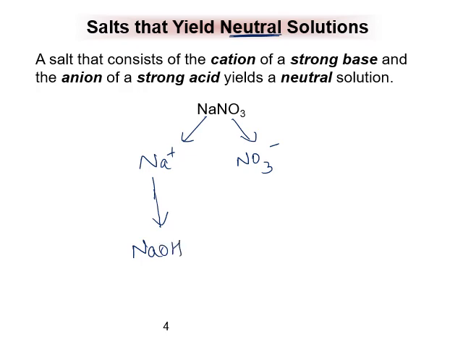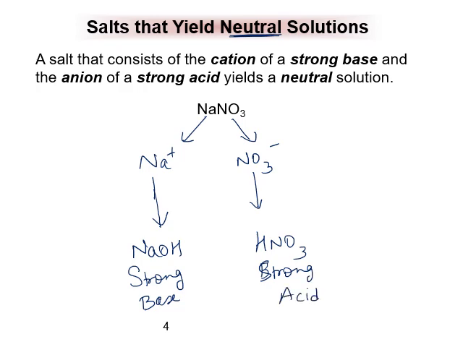NaOH. Where does nitrate ion come from? Remember, these always come from bases. These always come from some acid, HNO3, nitric acid. This is a very strong base. How do you know? You have to memorize these strong acids and strong bases. There's only 6 of each. And this is a very strong acid.